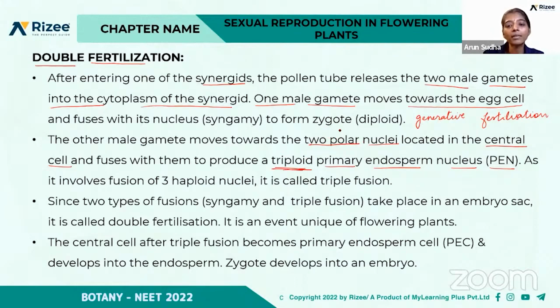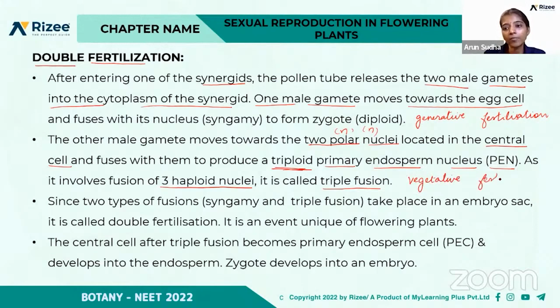One polar nucleus is one N and the other is another N, another haploid. So this forms a triploid structure, the triploid primary endosperm nucleus. As it involves the fusion of three haploid nuclei, it is called triple fusion, and this is also called vegetative fertilization.